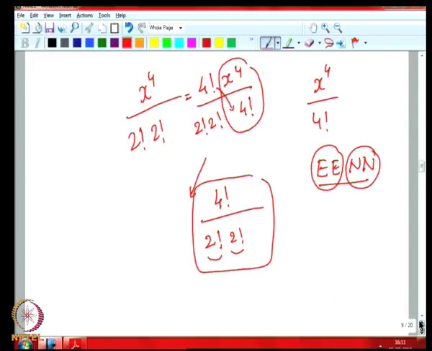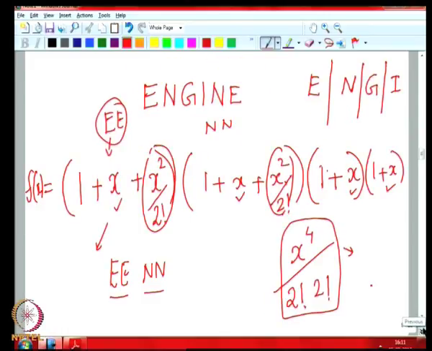Now for any possible way, the selection of 4 letters will correspond to a selection of some term from here, some term from here, to make up x raised to 4. And conversely, if you consider any breakup of x raised to 4 as some term from here, some term from here, and some term from here and here, that will correspond to a selection of 4 letters from here, right.